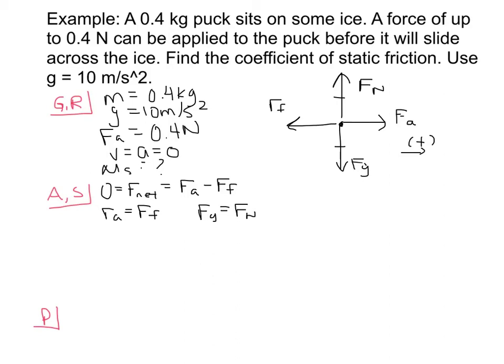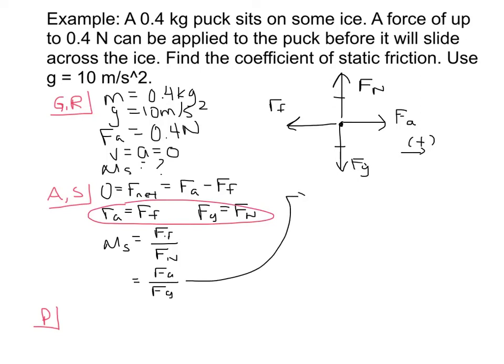And we're looking for mu s, which we know is the maximum frictional force over the normal force. And because of these things above, we also know that mu s is the applied force over the gravitational force. And we can rewrite the gravitational force as well.